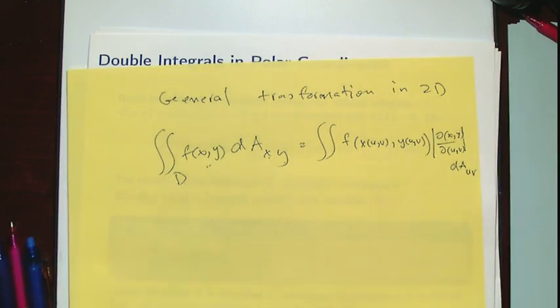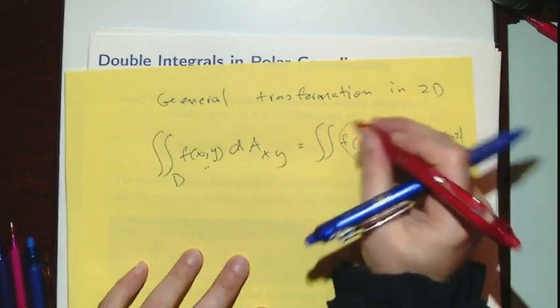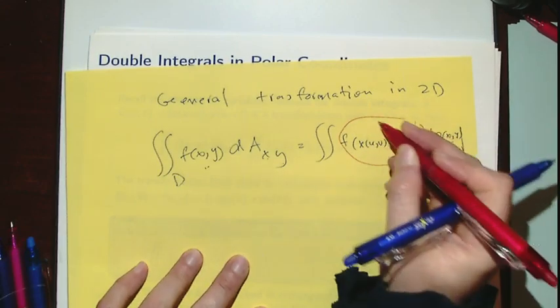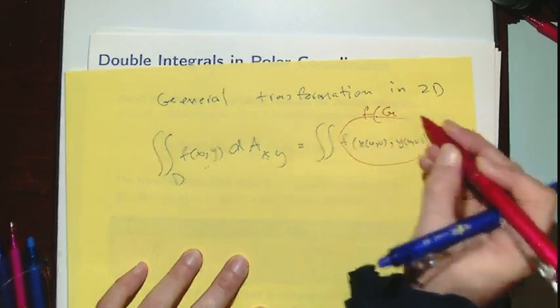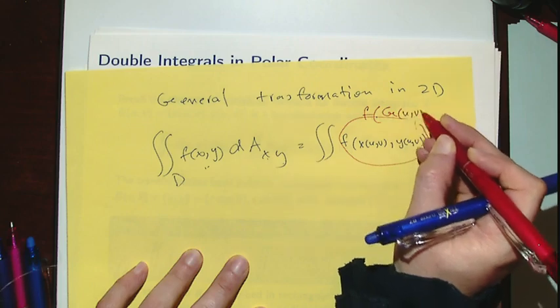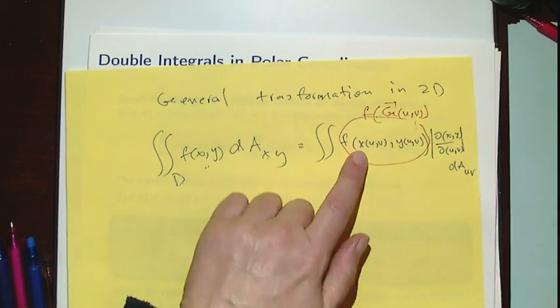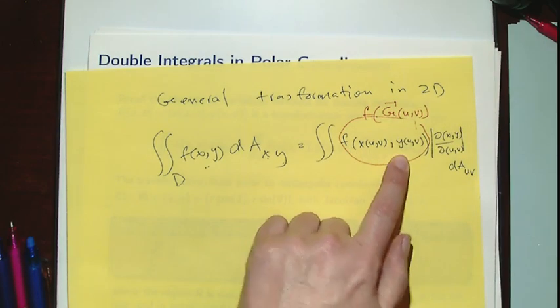I want to use another notation. Sometimes you denote that by f of g of u and v, because x and y is g, right? Output g.